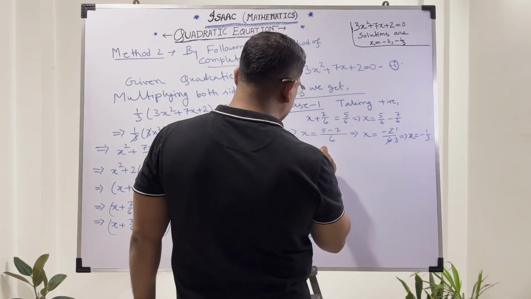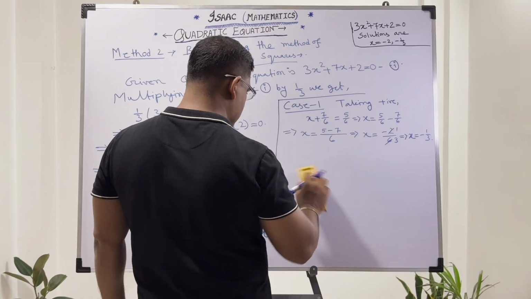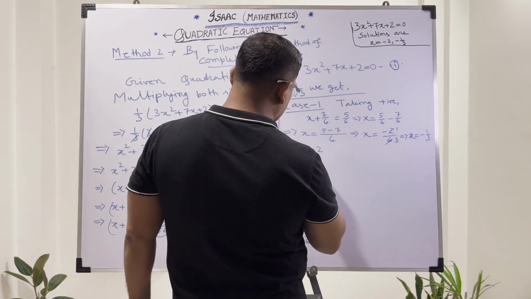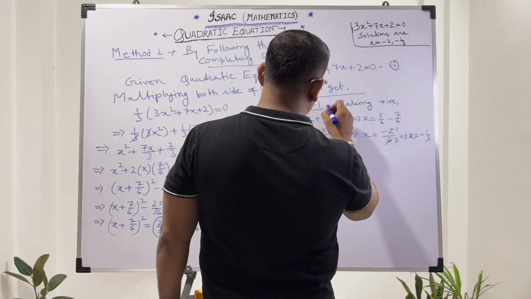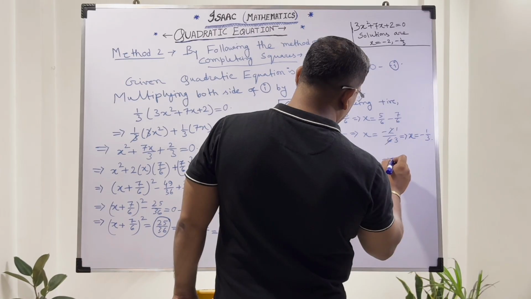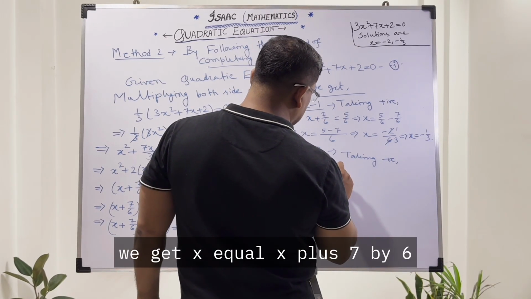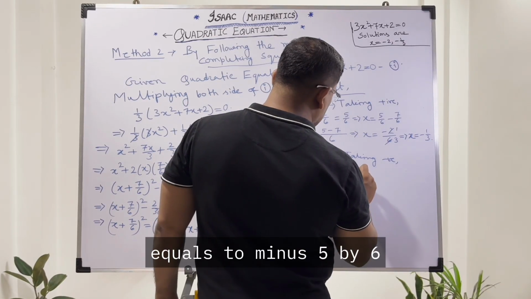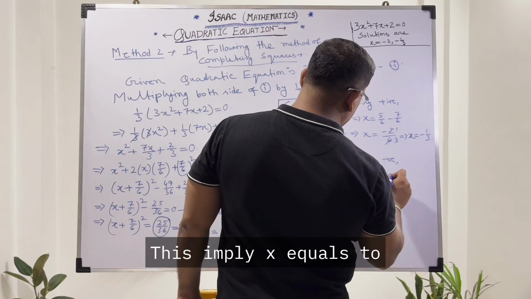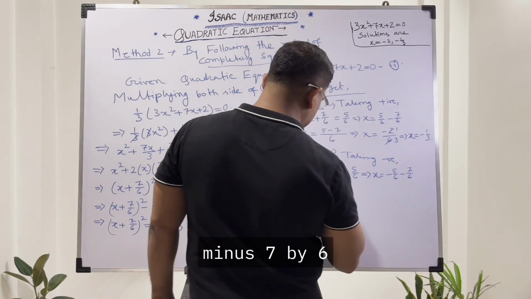Case 2, taking negative, we get x + 7/6 equals minus 5/6. This implies x equals minus 5/6 minus 7/6.